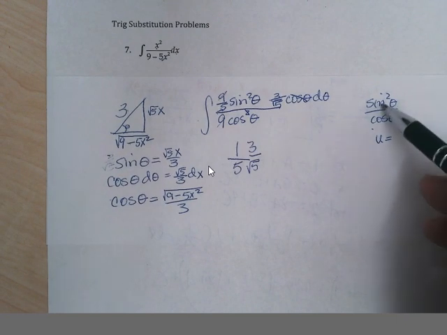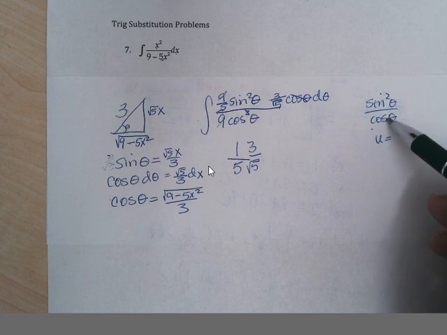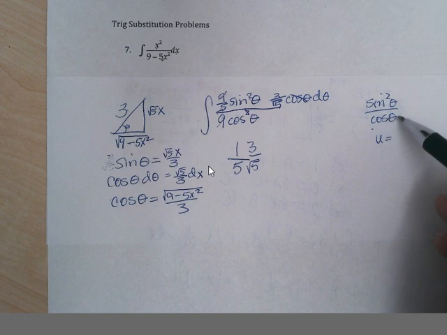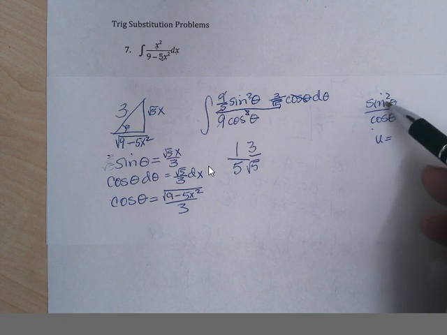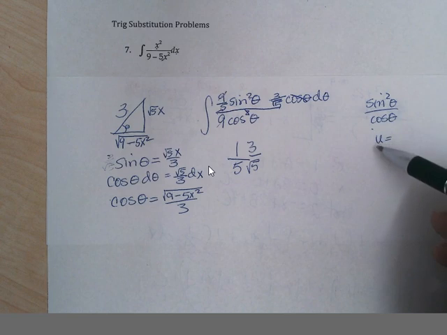If I let u be sine, its derivative would be cosine, and I get cosine squared in the denominator, which is 1 minus sine squared, so I get 1 minus u squared in the denominator. That might work. If I let u be cosine, then I'd get a sine to cancel. I get sine over u, and sine is not so pretty.